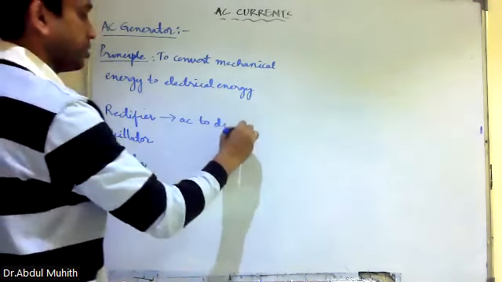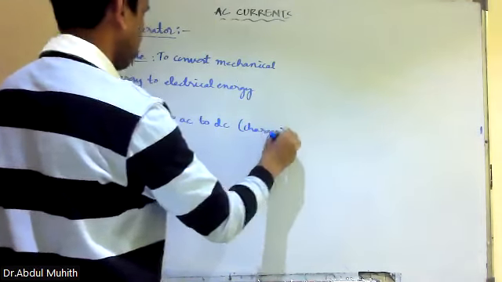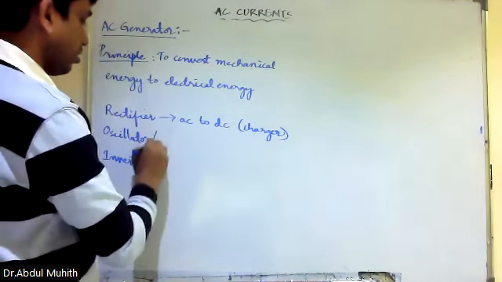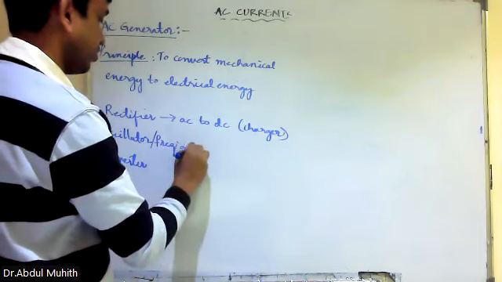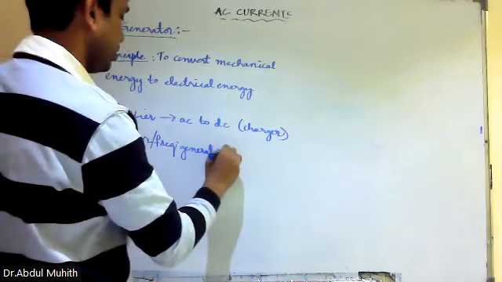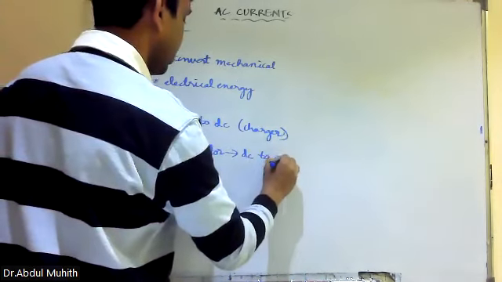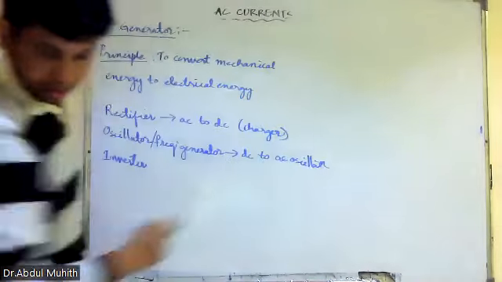Example for this is adapters, charger or adapter, whatever it is. Oscillator or frequency generator means it converts DC to oscillations or AC. We say AC oscillations.